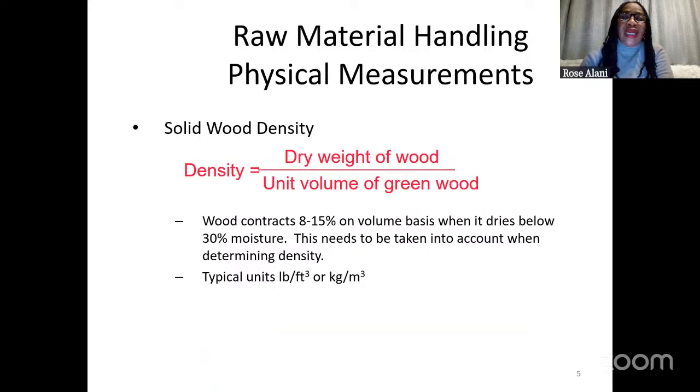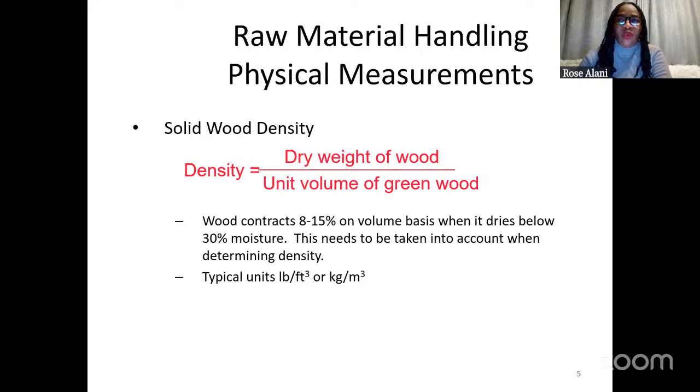Another thing you have to carry out is solid wood density. The mass over volume, weight over volume. So you know the weight of the dry wood and the volume of the wood, and you divide the weight of the dry wood by the volume of the green wood.